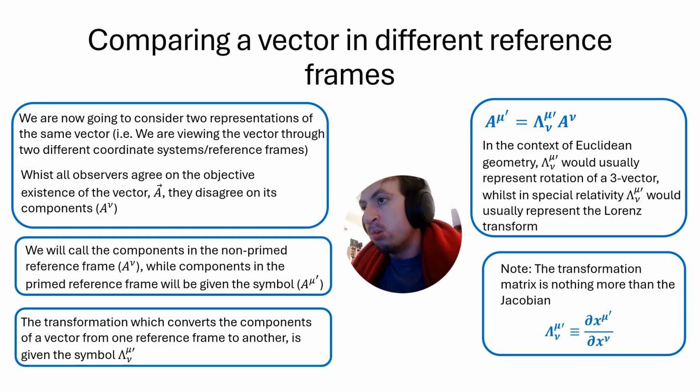So, in general, this transformation matrix is a Jacobian, but particular examples are rotation matrices in Euclidean space, and also the Lorentz transformation in the context of special relativity.